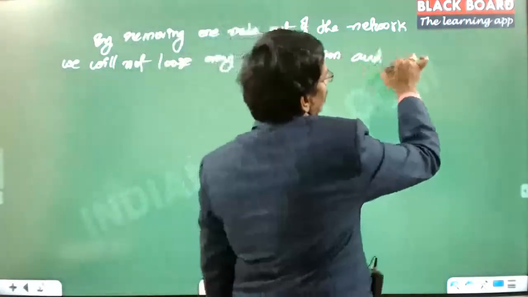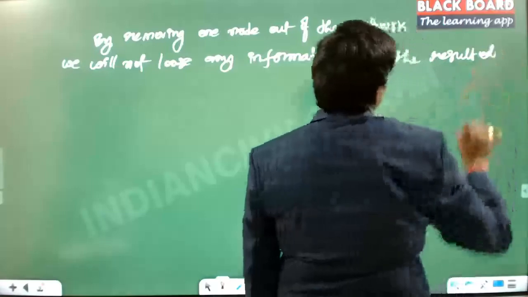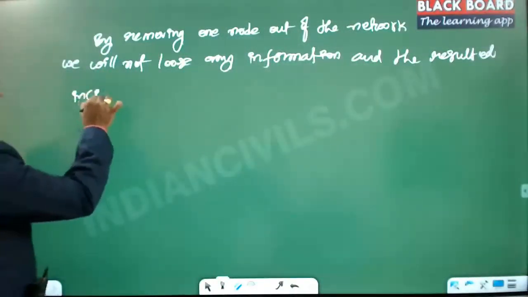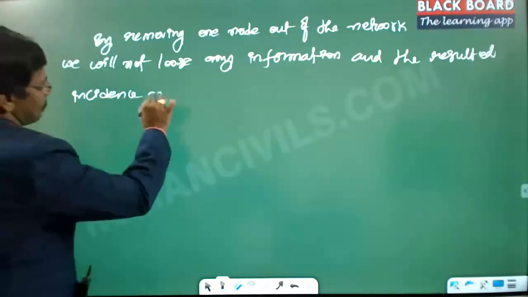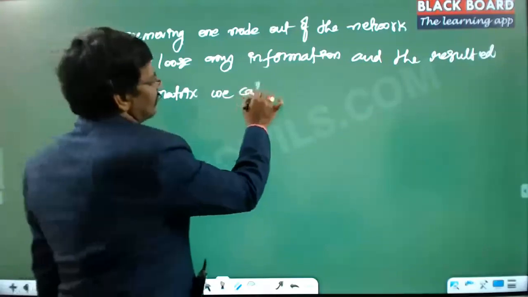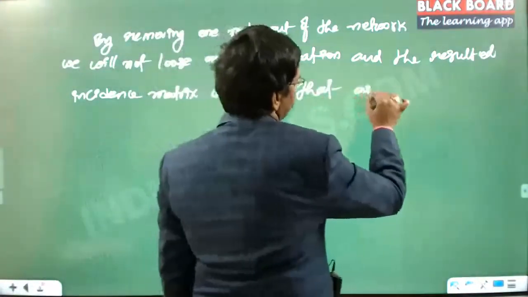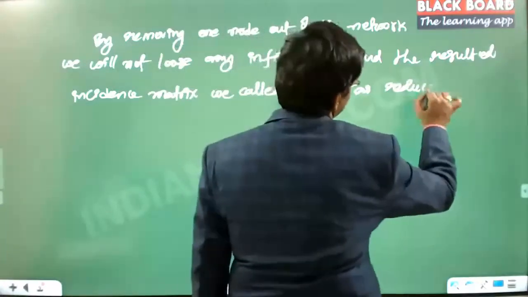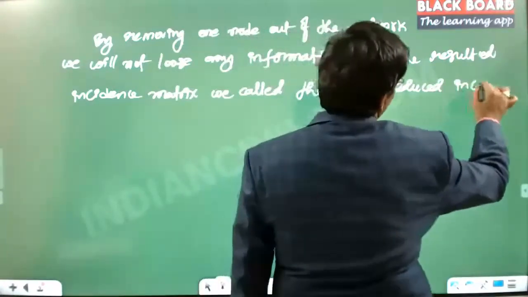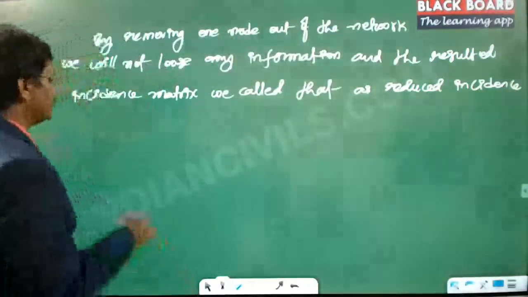And the resulting incidence matrix, we call that a reduced incidence matrix.